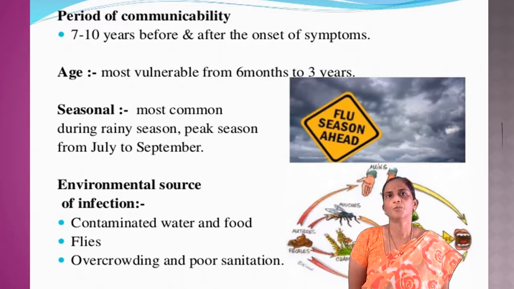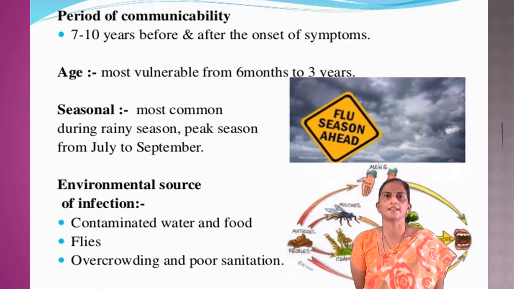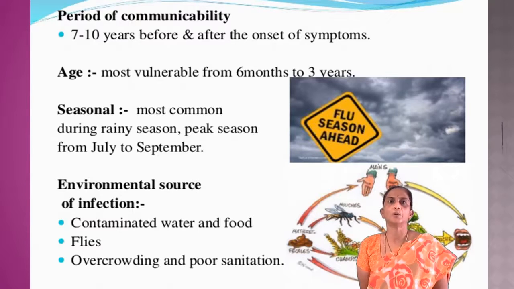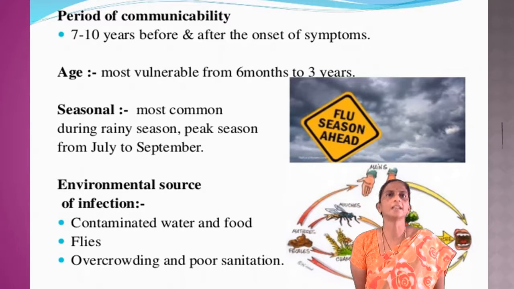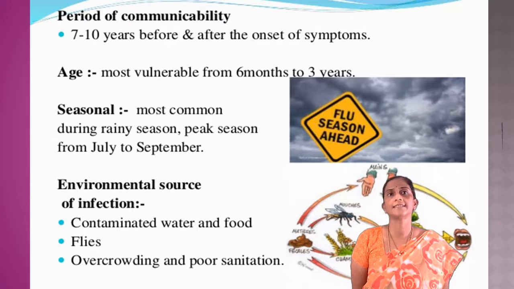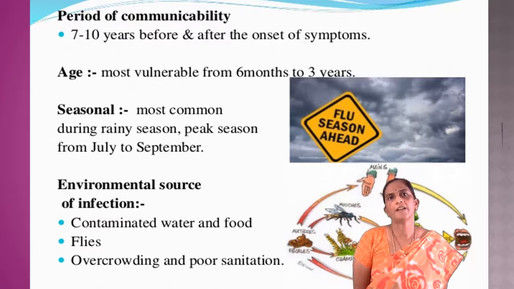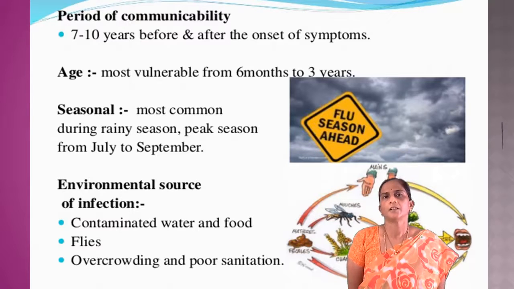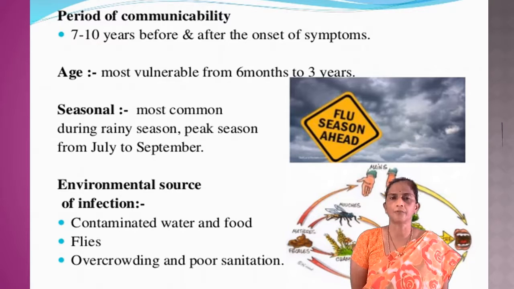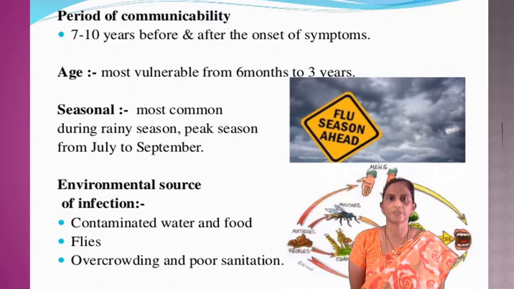Next, the age: most of the patients are 6 months to 3 years. It is a seasonal disease, most common from July to September, which may be the rainy season. Next, environmental factors: overcrowding, poor sanitation, flies, contaminated food and water can transfer the disease.